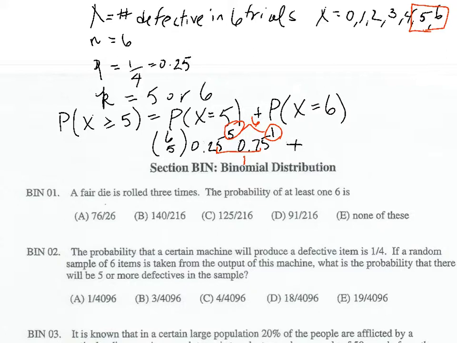Now we're going to add that to 6 choose 6, 0.25 to the 6 times 0.75 to the 0, because if there's 6 successes, then there's no failures. Okay, so we have to add up those two. The way we're going to do that is going to simplify.